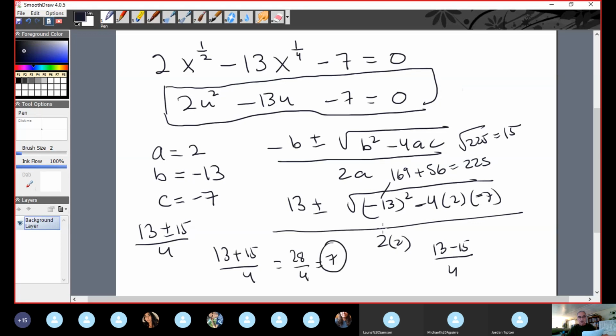Good. And this is -2 over 4, which is -1/2. Okay, good. So this is the solution of the quadratic equation after the change of variables. This is the u value: u is 7 and u is -1/2. But I need to find the x value, the original variable.